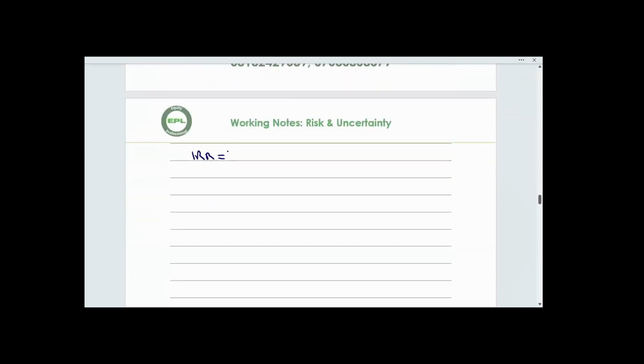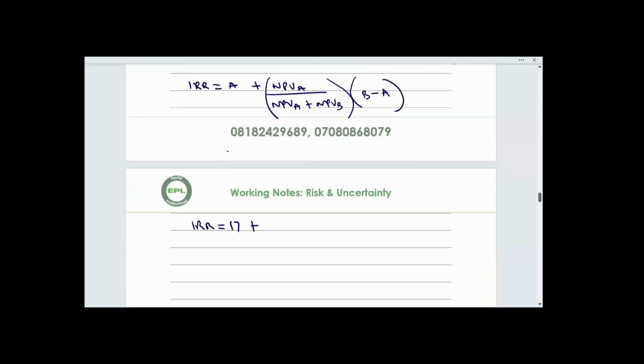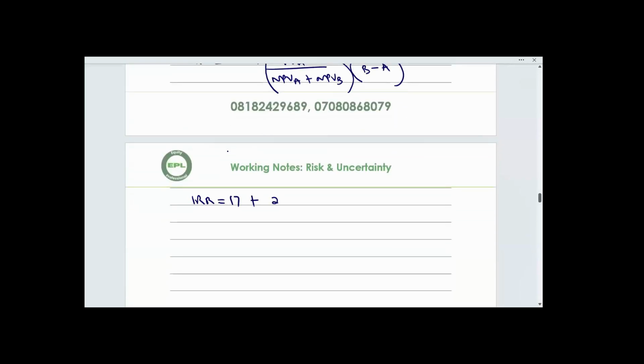Therefore, 17% is lower. 17% plus NPV of the 17% is 232 over 232 plus NPV of the higher discount rate, 273, times the higher discount rate of 20 minus the lower discount rate of 17.